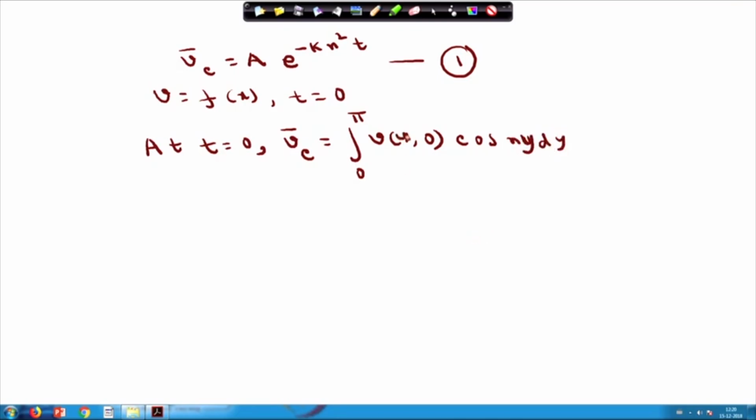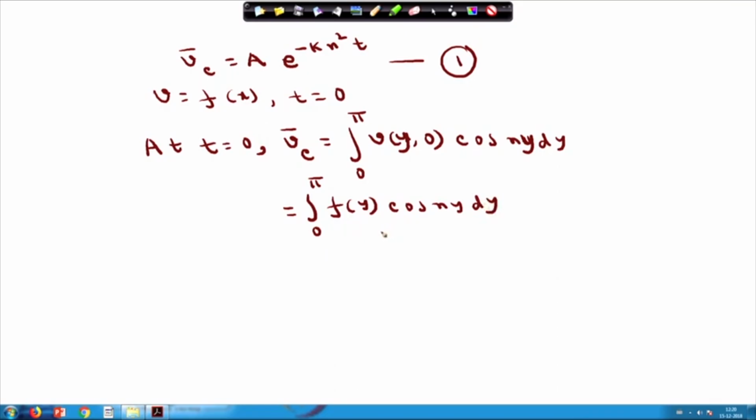So, I can write V of y 0 in terms of y: integral 0 to pi of V y 0 cos of n y dy, where V y 0 is nothing but f x at t equals 0. So, this is equals to integral 0 to pi f y into cos n y dy.